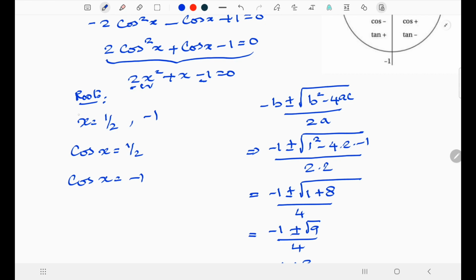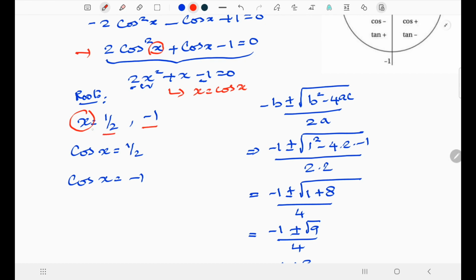Understand, this x is not equal to this x, because we are solving this quadratic equation. So what is the x here? For solving the quadratic equation, x equal to cos x. Okay, to solve the quadratic equation, we found the roots.